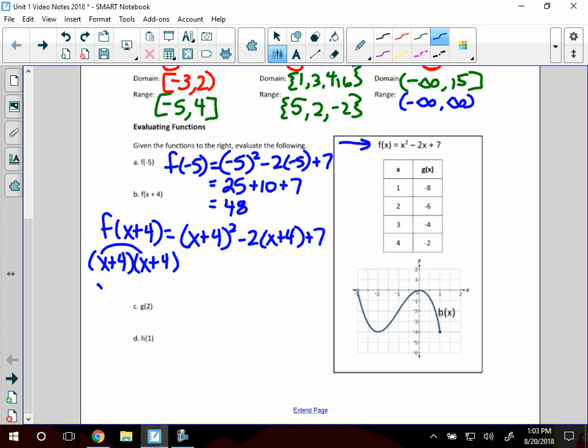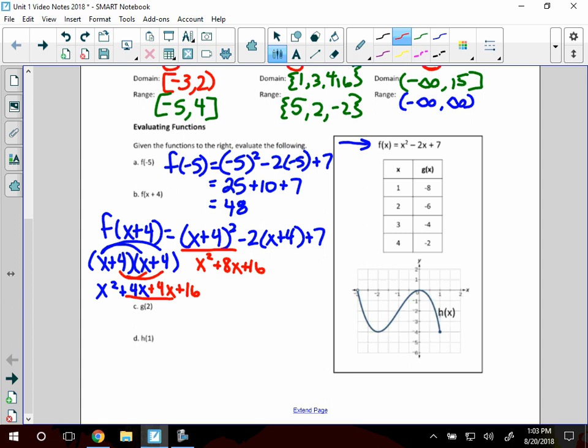So x times x gives me x squared, x times 4 gives me plus 4x, 4 times x gives me plus 4x again, 4 times 4 gives me 16. And now I can simplify that, so I really have x squared plus 8x plus 16.